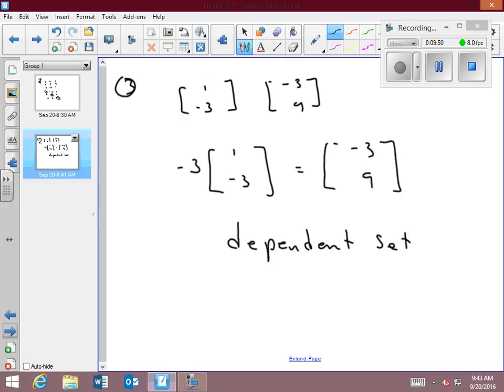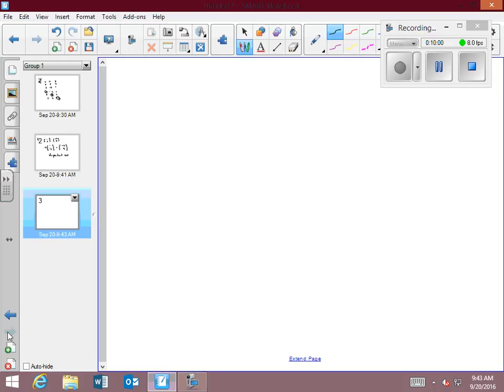Then it says, determine if the columns of the matrix are linearly independent, justify the answers. So we'll just use that same approach, and we'll just take a matrix.